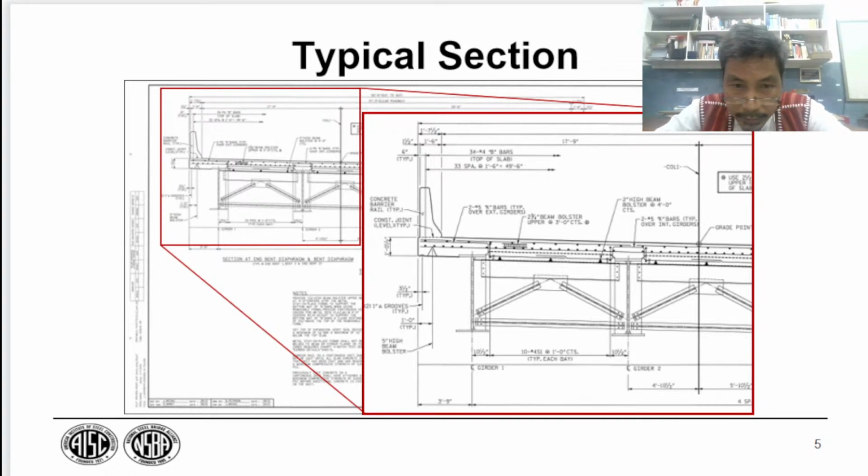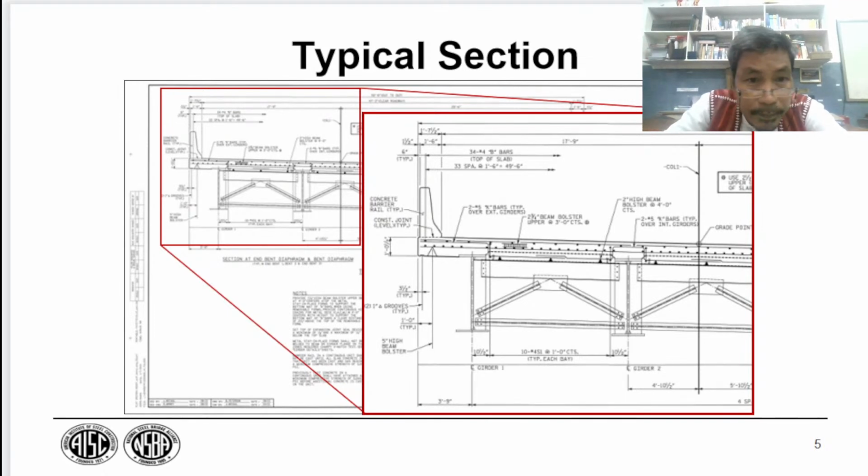So let us explain this one. This is actually a typical section, but it is an enlarged view of the typical section. So let's try to find out if we can explain further anything about this slide.